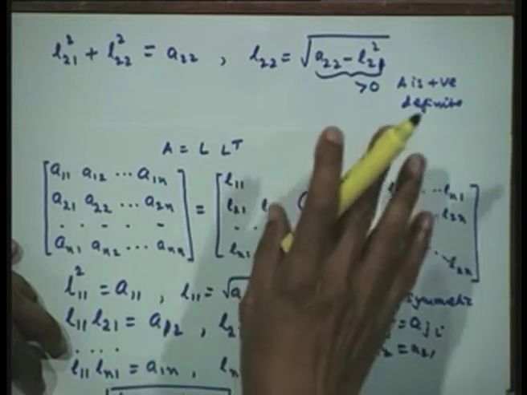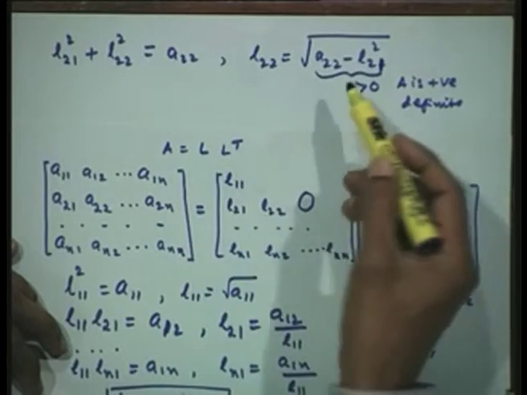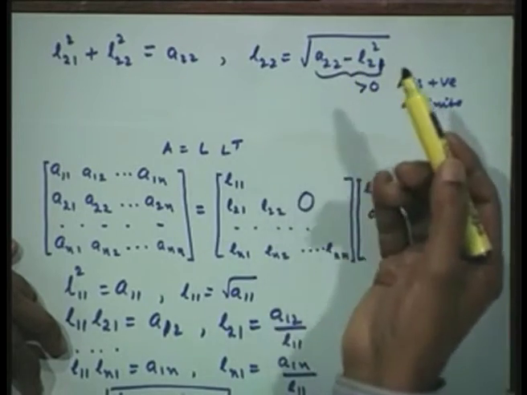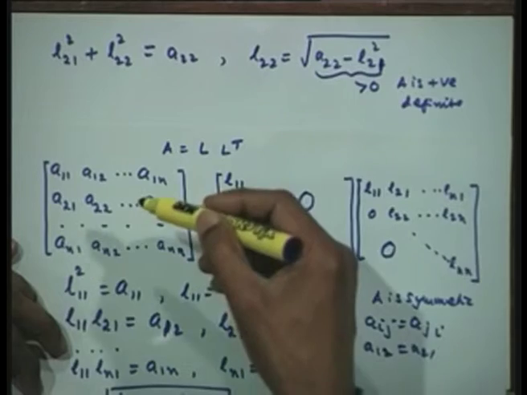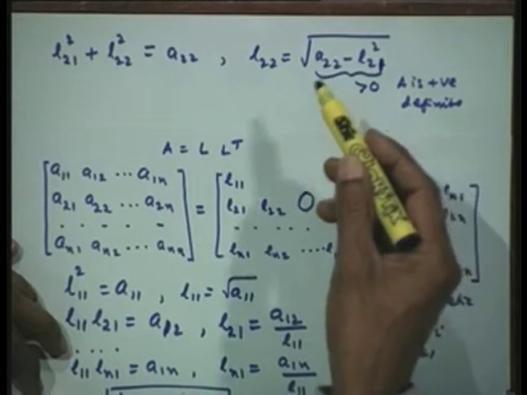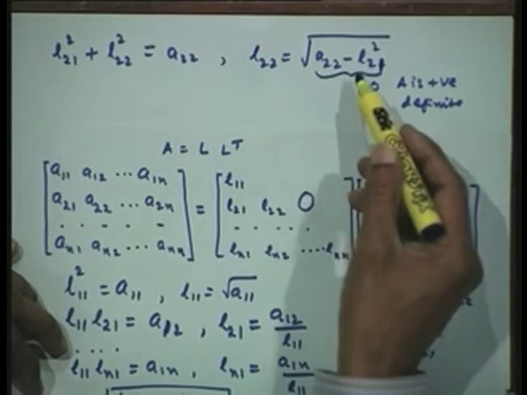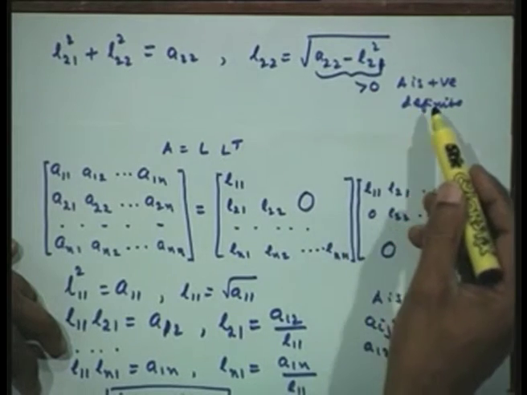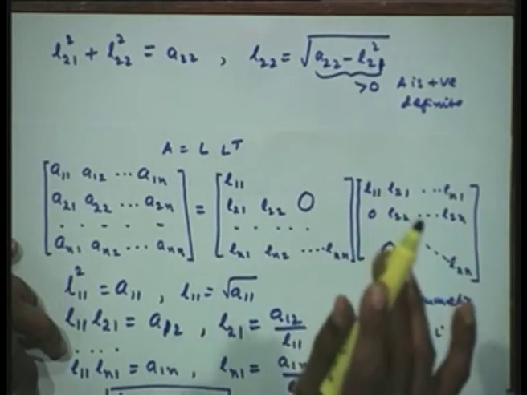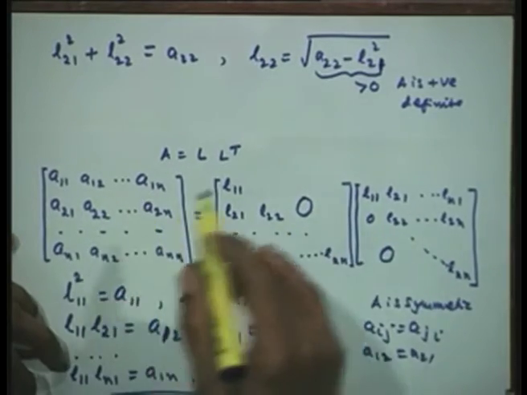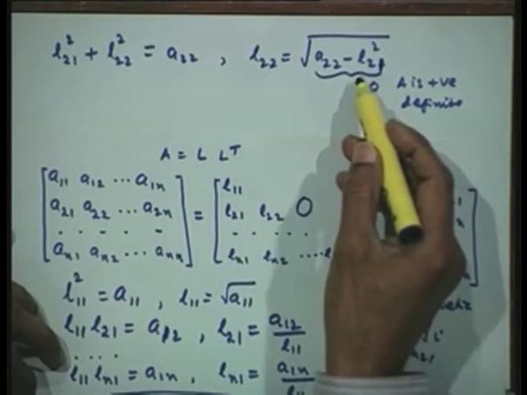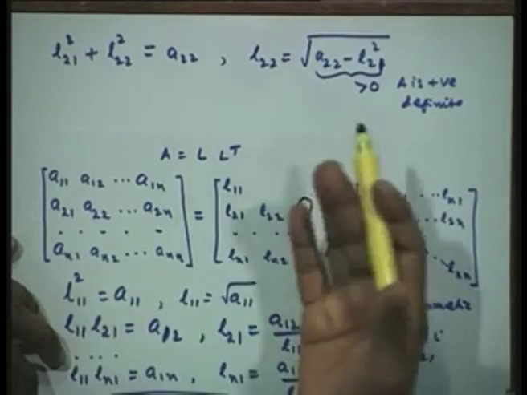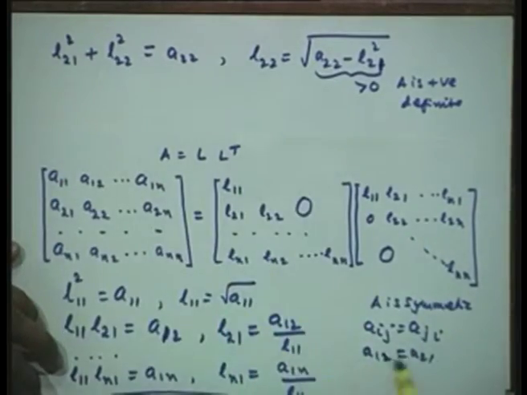If you go to complex arithmetic, it is okay, because then for a negative number, its square root will be a complex number. But we are doing real arithmetic, therefore I would like to have real values only. Therefore this should be a positive quantity. If A is positive definite, this is always guaranteed for us. In other cases this may turn out to be a negative quantity, wherein the method would then fail.